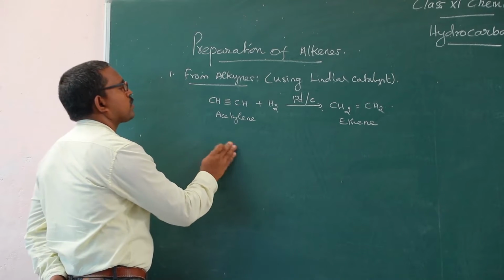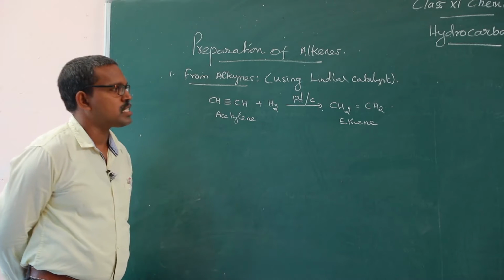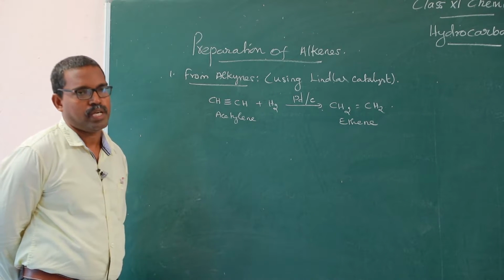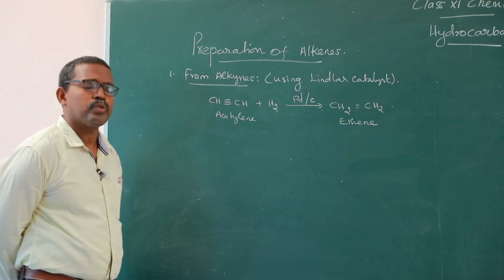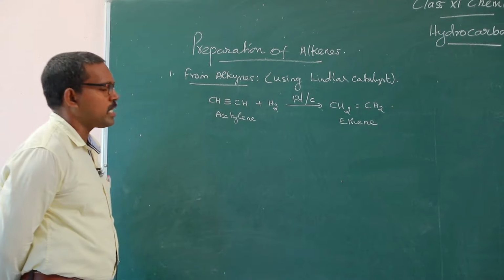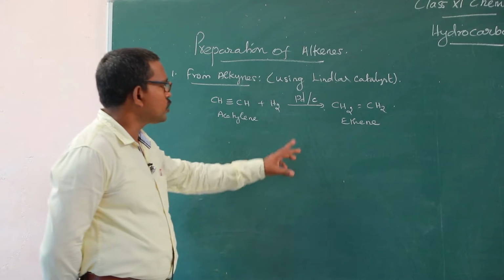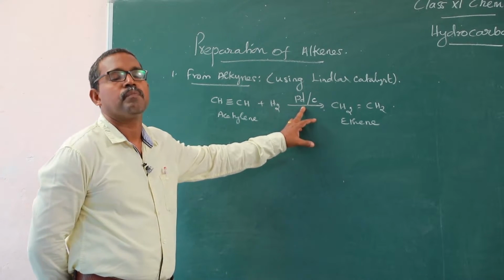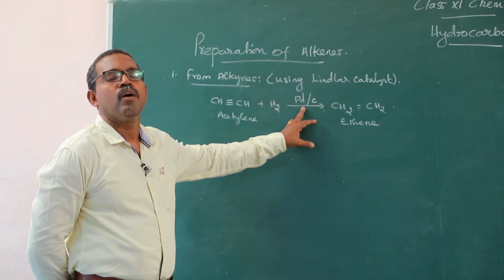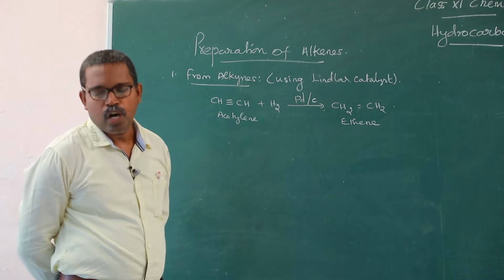Suppose we are using isomeric products, cis isomer as well as trans isomer are possible. How to differentiate the cis isomer and trans isomer from the reaction? We change the catalytic process. Instead of palladized charcoal, we are using liquid ammonia in the presence of sodium.